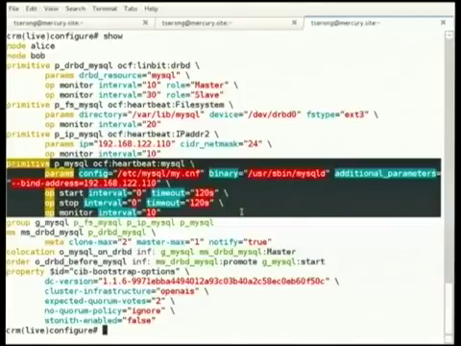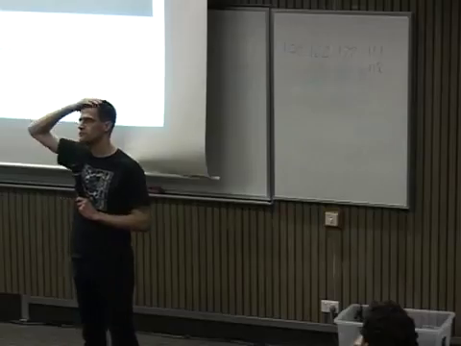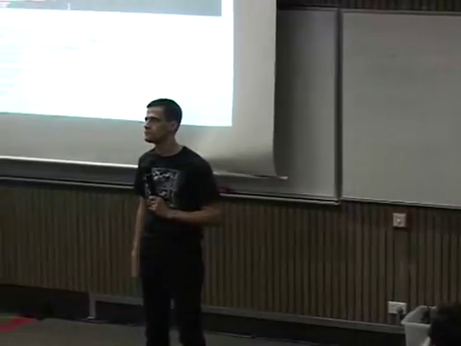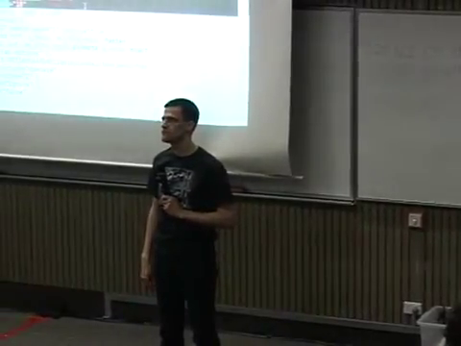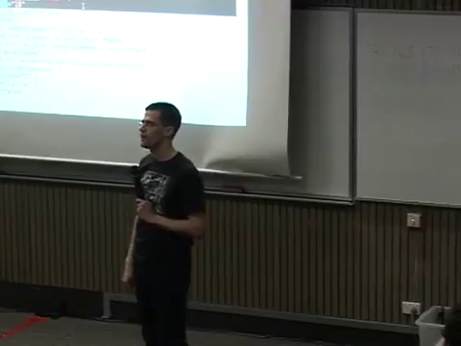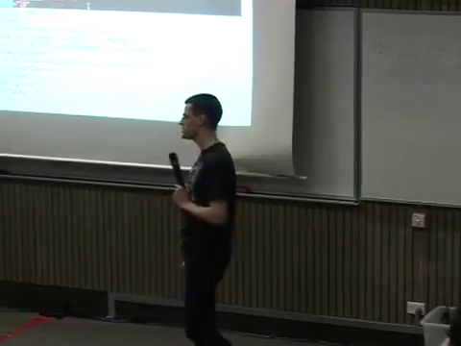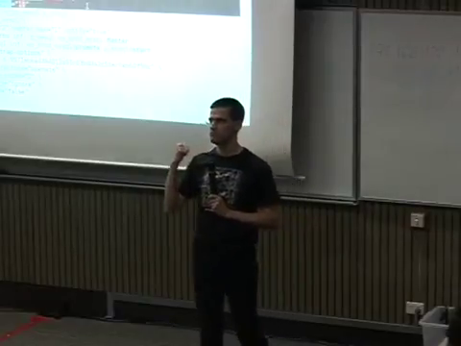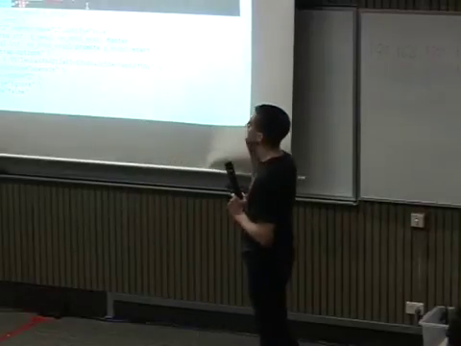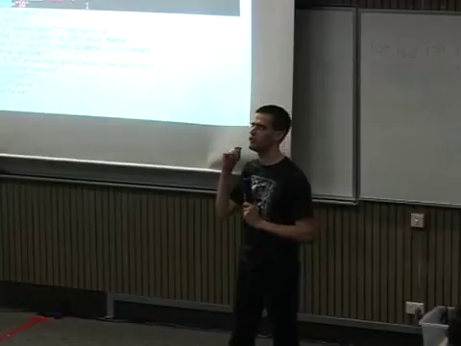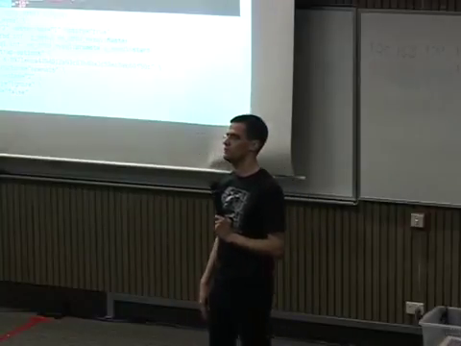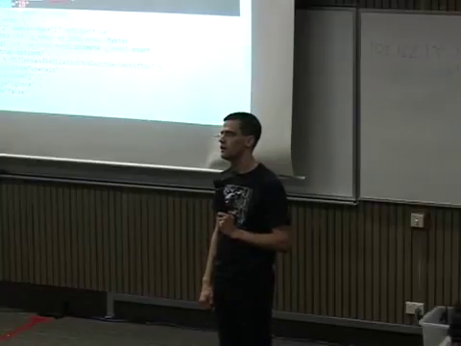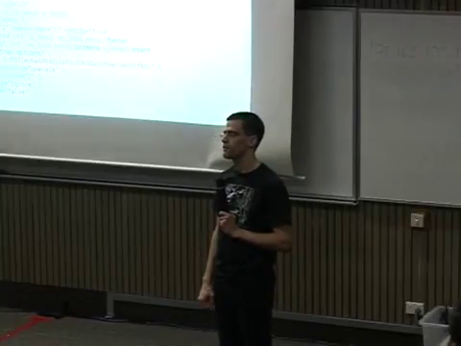May I ask a question here? I've asked you about this in IRC, but I think you may have missed it. Is there a way to specify which specific interface that IP address goes on? I know there's lots of smarts that tries to figure out which interface is meant to go on. So the question was, is there a way to explicitly specify which interface this thing is meant to be listening on? Yes, of course. There is a nic parameter for the IPaddr2. Can it be different for each host? Like it might be eth0 on one host and eth4 on a different host?